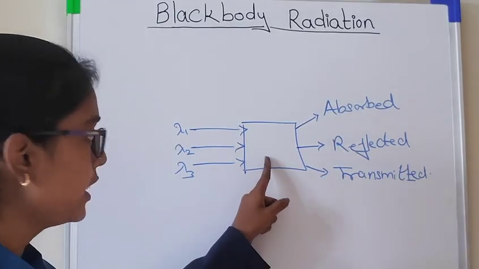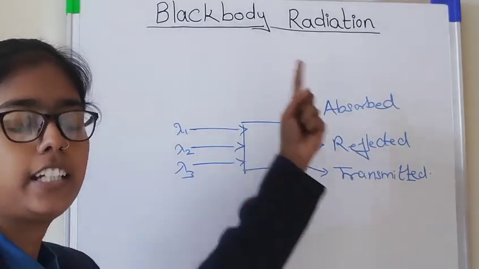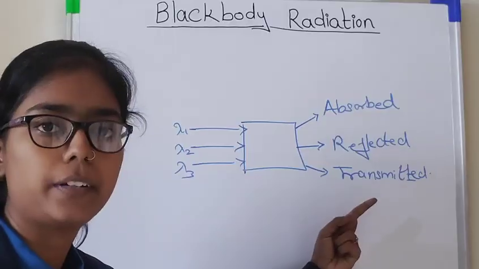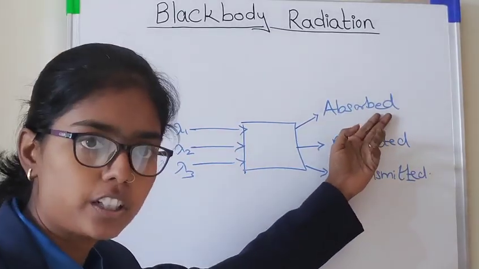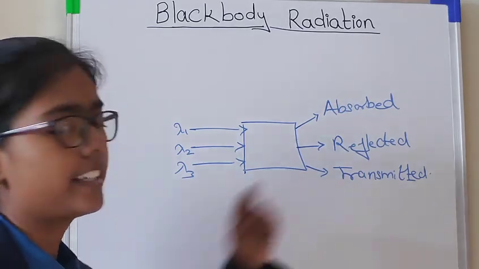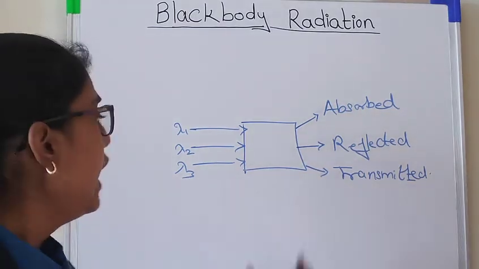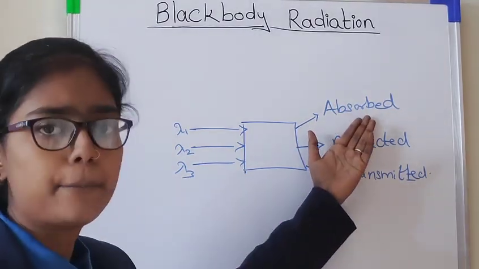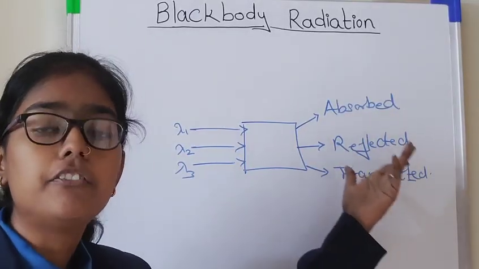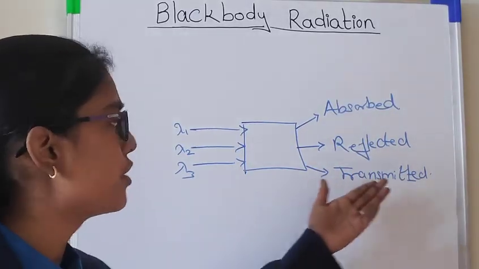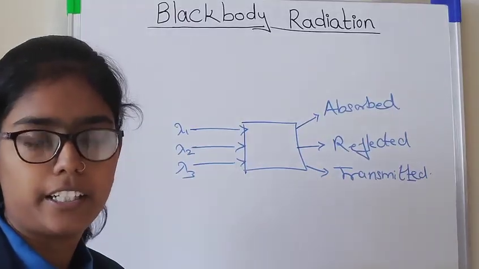After incidence on the matter, three phenomena take place: absorption, reflection and transmission. A few radiations get absorbed by the matter, a few get reflected by the matter, and a few get transmitted by the matter.